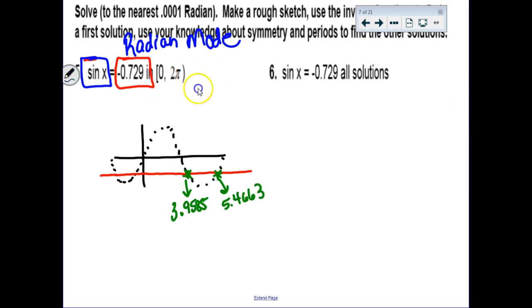So come back to the algebra component for me. If this was on a piece of paper, sine of x equals negative 0.792. This is actually something you guys used to do in geometry. When you had to solve for x and it was trapped in a sine function, what did you do? You applied the inverse sine. So now that we're big kids and we got lots of knowledge about inverse sine, what happens on your calculator when you type inverse sine of negative 0.792?